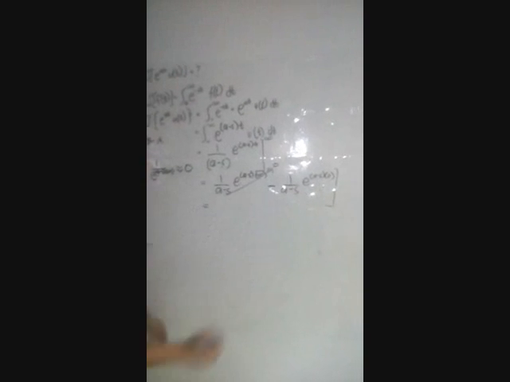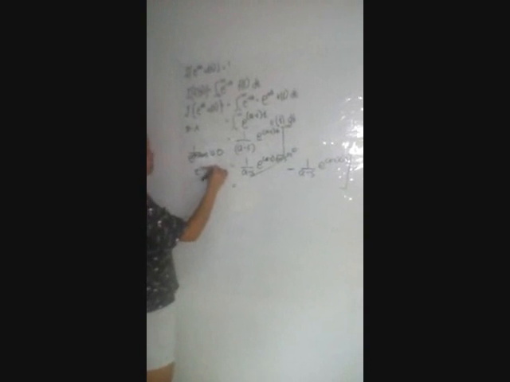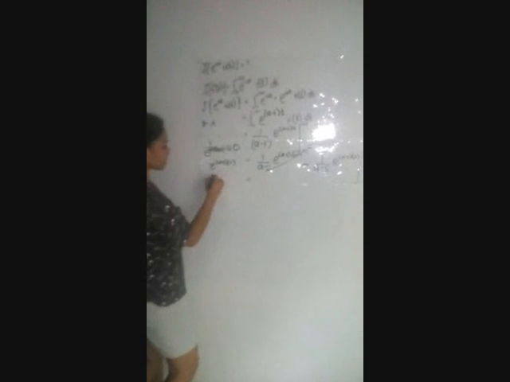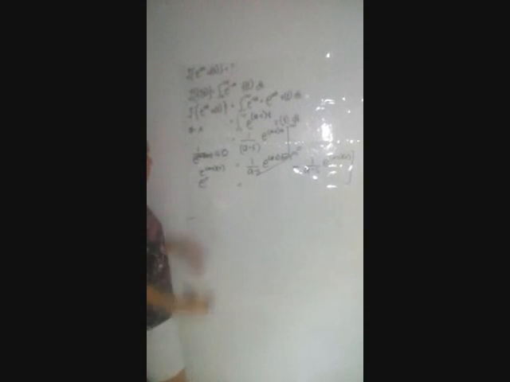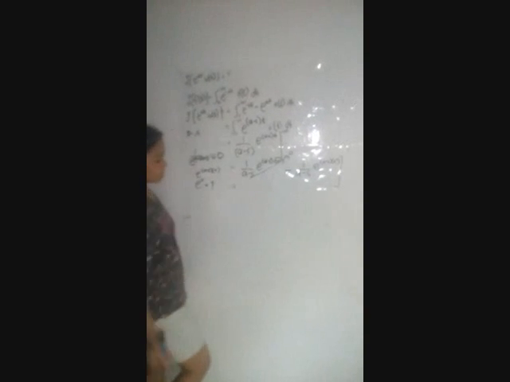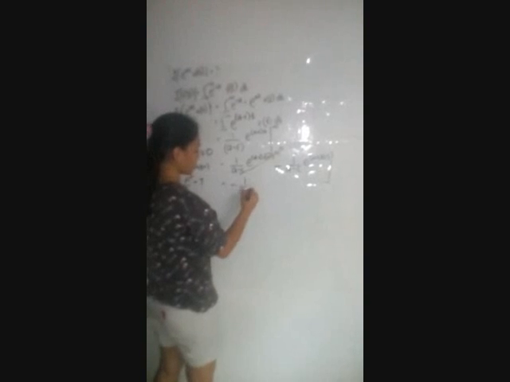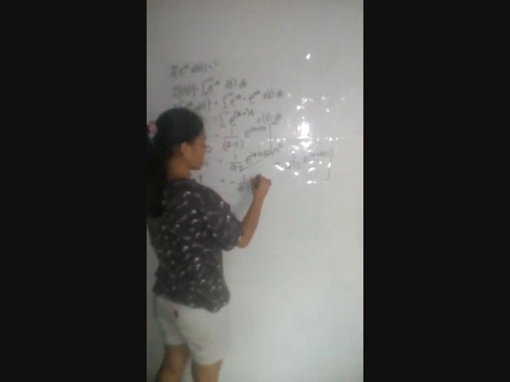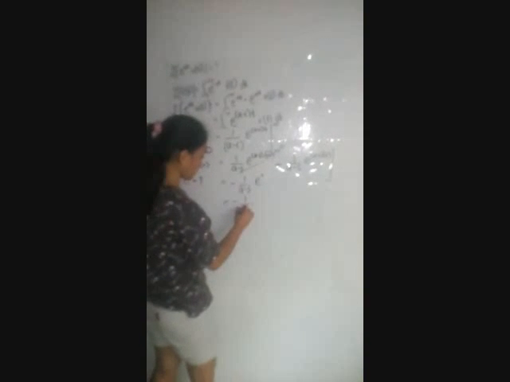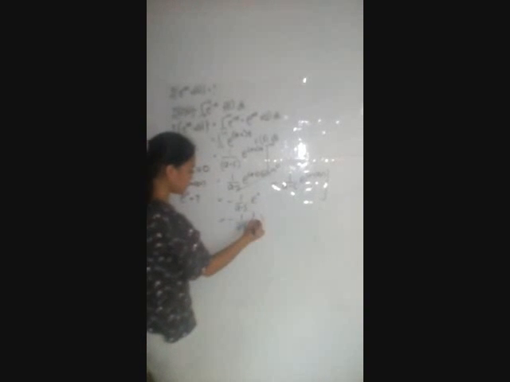So here we have e raised to (a minus s) times 0. If we multiply the exponent by 0, the expression will be e raised to 0, which is equal to 1. So it will be equal to negative 1 over (a minus s) times 1.